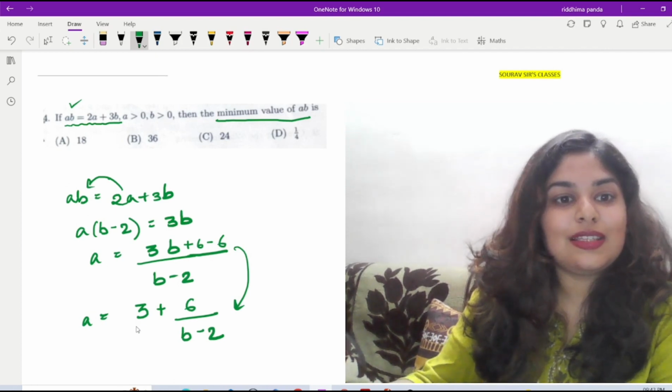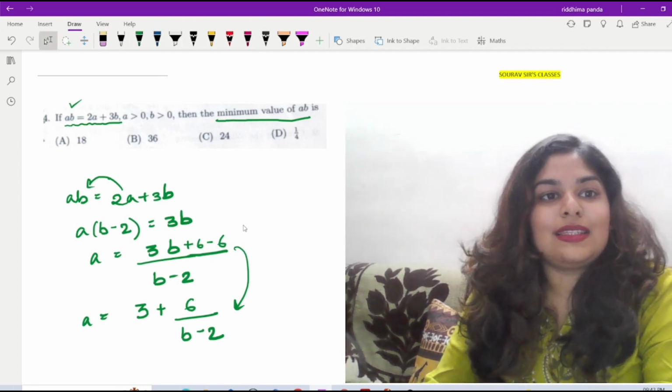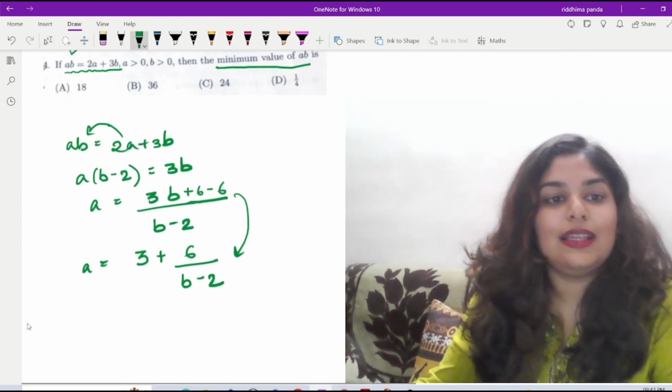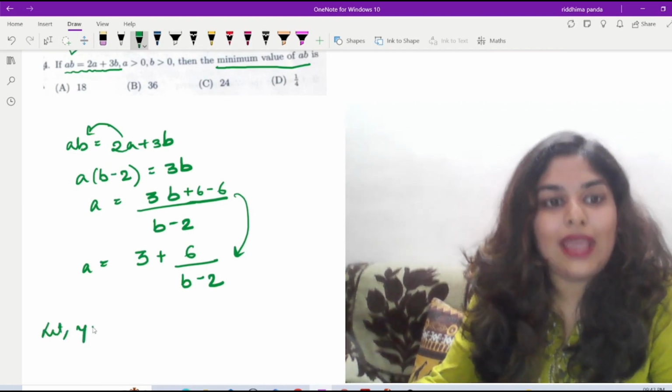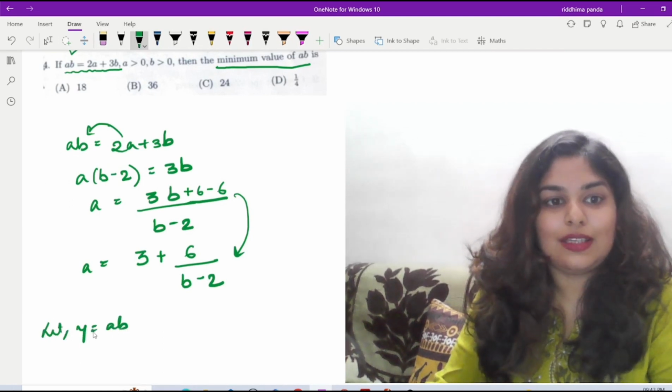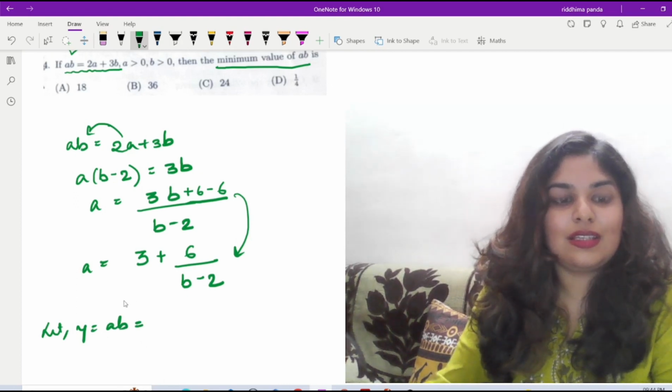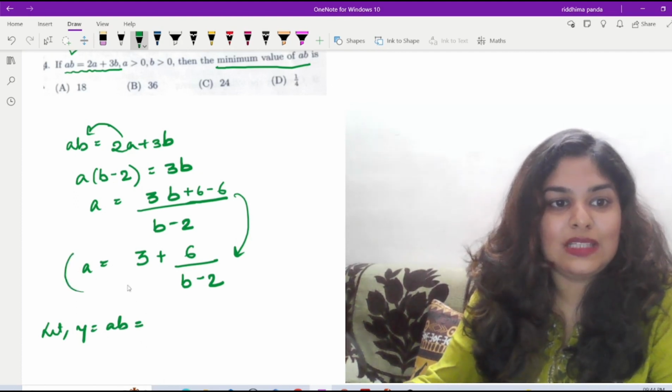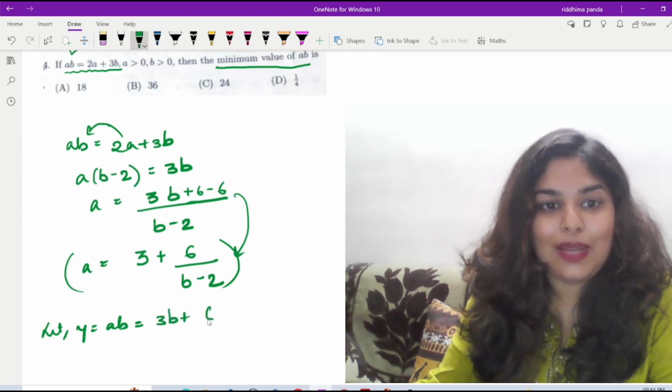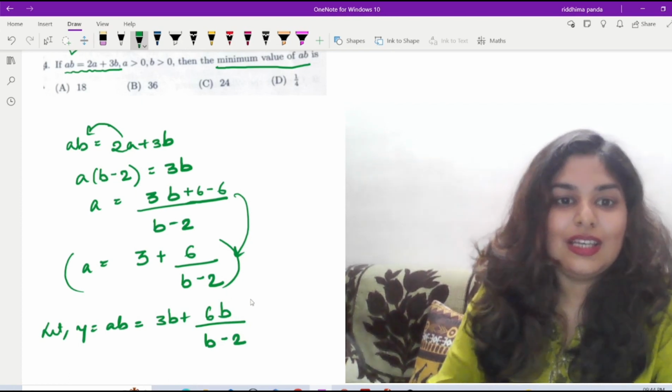Now, so this is A. Now let us say y is equal to A into B, right? Now that is equal to how much? So I will multiply B here. So I will get 3b plus 6b by b minus 2, right?